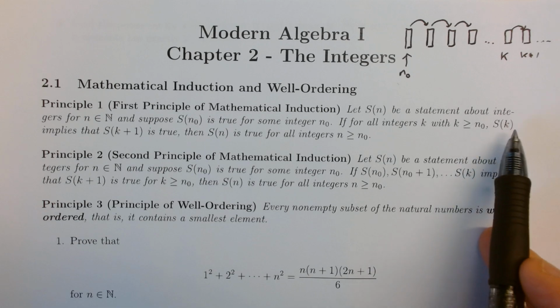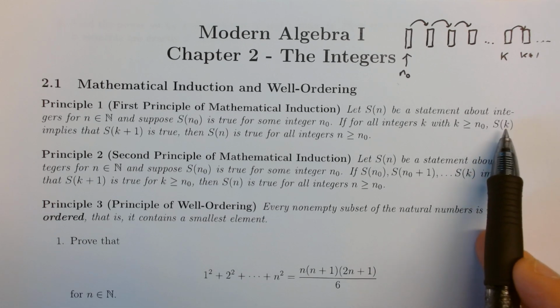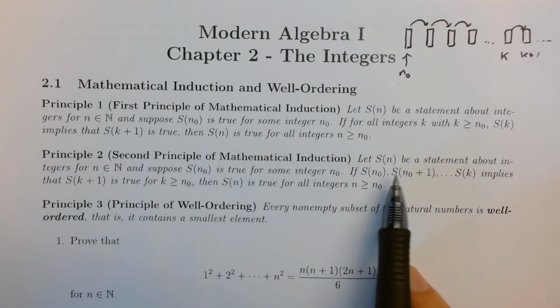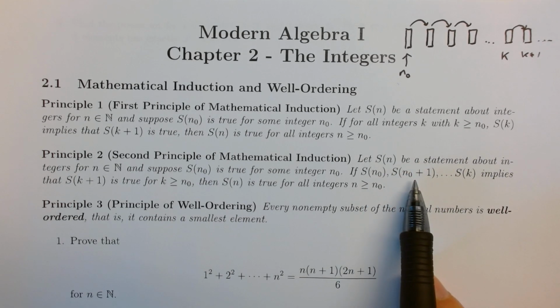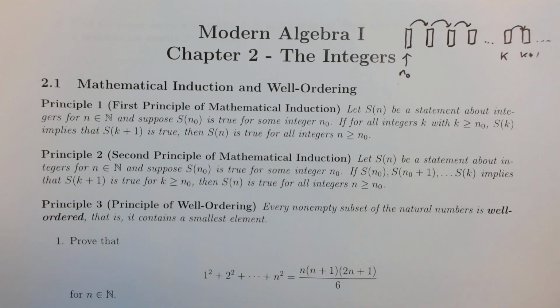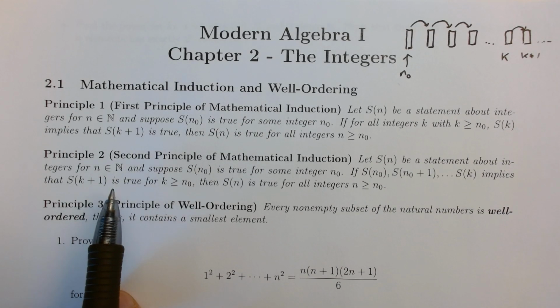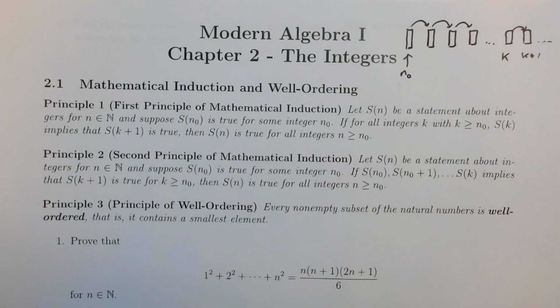Here, we have to only use S of k to S of k plus 1. Here we're allowed to use everything before, or S of k and before. So we can use the truth of n0, the truth of n0 plus 1, all the way up to the truth of S of k, to imply that S of k plus 1 is true. And then if that's true, then again, it's true for all integers.